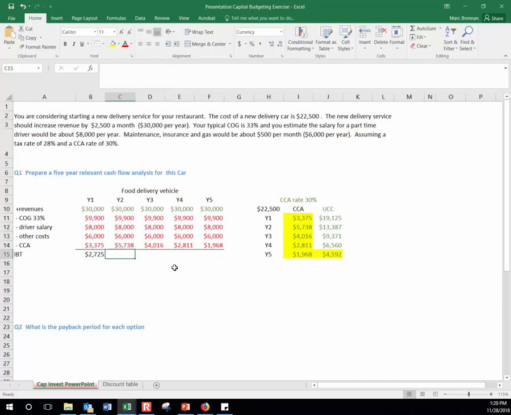And then we would do this all over again. We would simply take how much more in revenues we're going to experience from having this car, take away the increase of costs of goods just because we have more revenue, so 33% of that amount. We're going to take away the fact that we have to pay a driver, take away the other costs associated with it, and then take away the depreciation. We're going to account for depreciation over time.